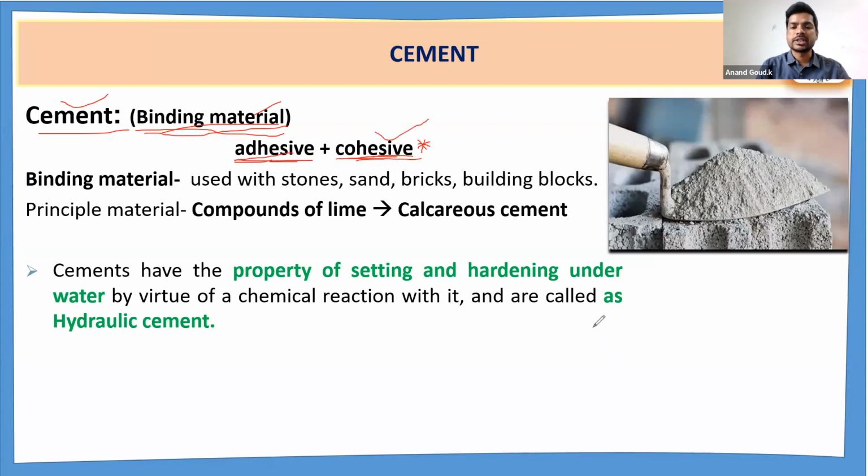Cohesive property is nothing but, suppose you take two molecules, two cement molecules, just two small particles of cement powder. When you add water to the cement powder only, I am not adding any other extra materials, I am taking only two particles from this cement and adding some amount of water to these two particles.